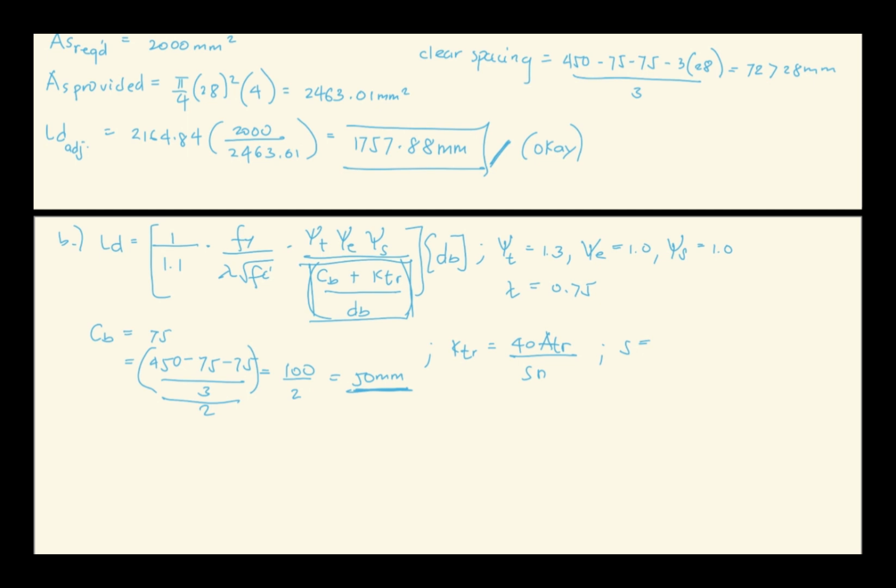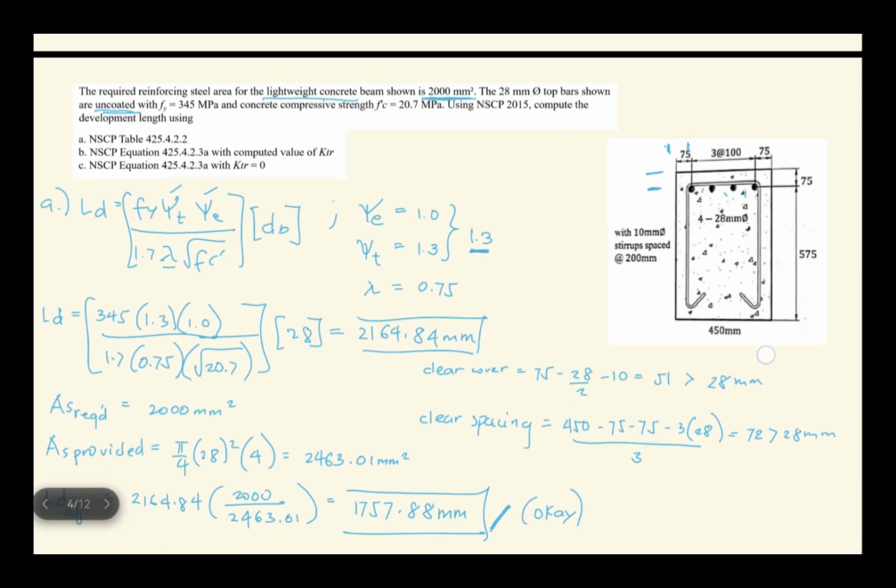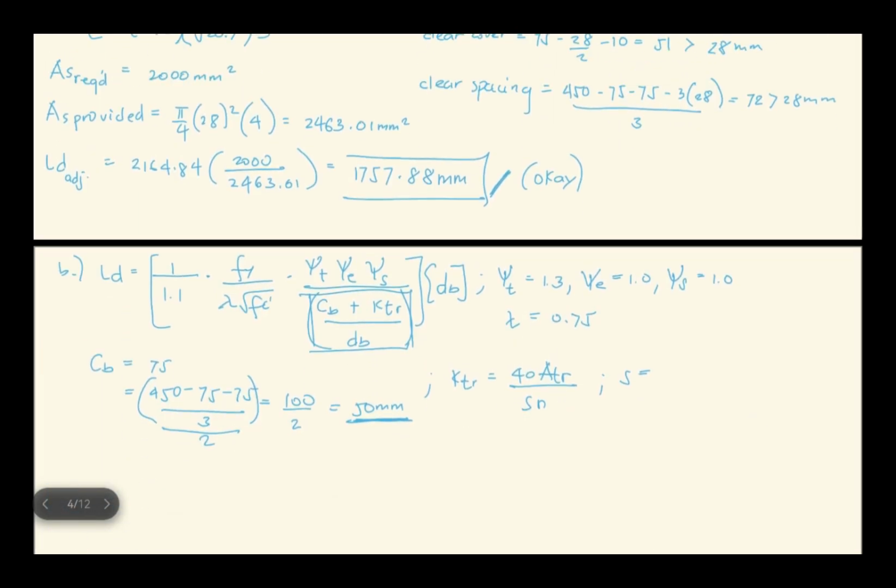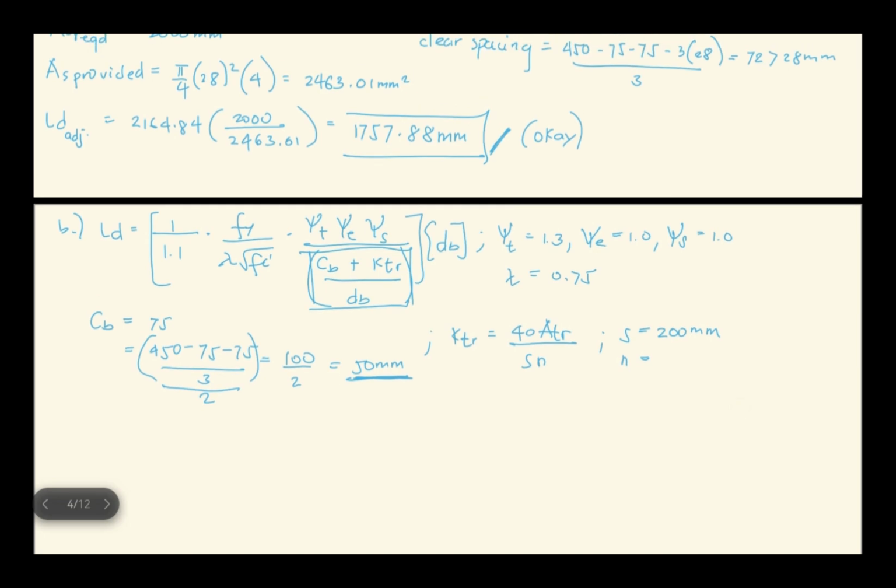S being the spacing of the stirrups, which in this case is equal to 200 mm, and N is the 4 longitudinal bars to be developed, and ATR is the area of the stirrups that will resist the potential splitting.